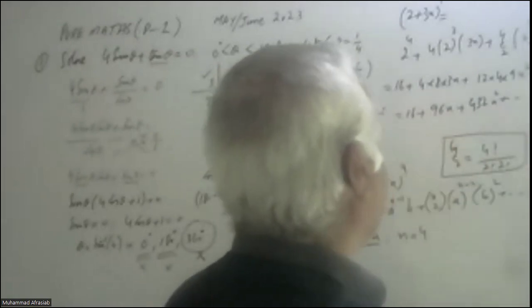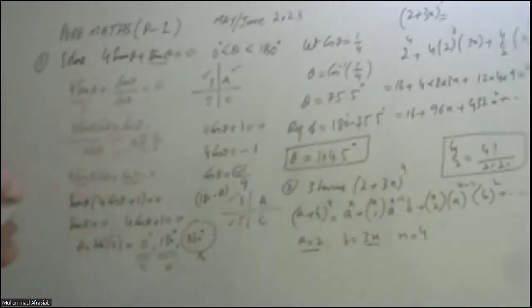So these are the first three terms of the expansion of 2 plus 3x to the power 4. In this, the x squared coefficient is 216. So the final answer will be 16 plus 96x plus 216x squared. These are the first three terms of the expansion by the binomial theorem.